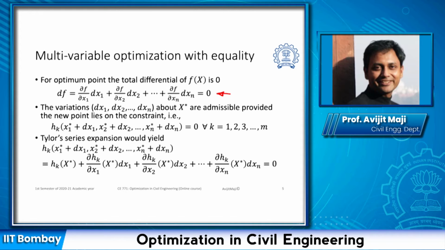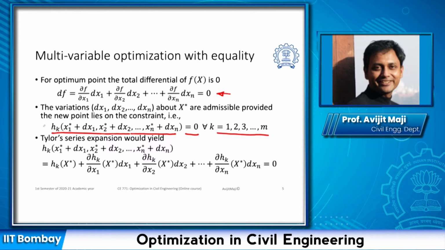So in this case, our equality constraint hk and the point variation, which is represented as x1 star plus dx1, x2 star plus dx2, these points should satisfy the equality constraint, hence it is expected to be 0 for all the equality constraints we have for the particular objective function.